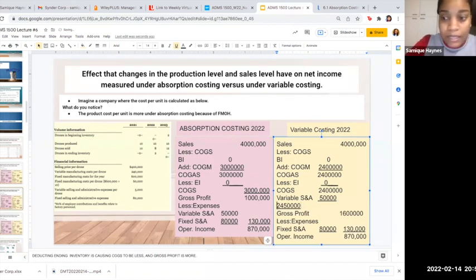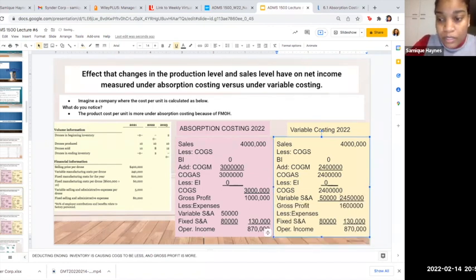And this, we're gonna deduct this to give us what? What do we come up with? Is it a gross profit? Contribution margin, CM, thank you.